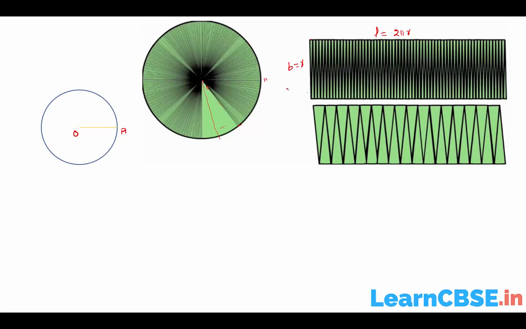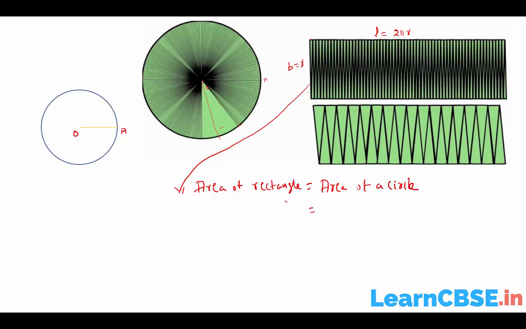Now from this figure, the area of the rectangle is nothing but the area of the total circle, because the circle is partitioned and adjoined to form a rectangle. So the area of the rectangle must equal the area of the circle.